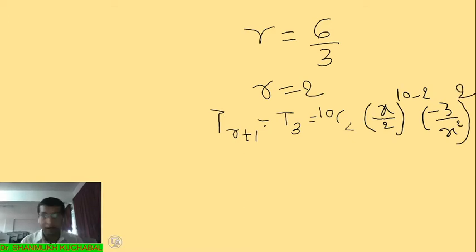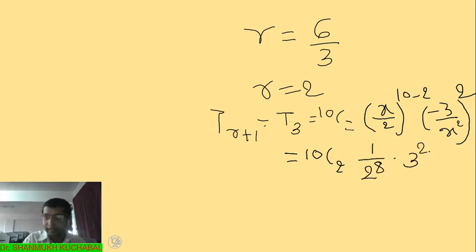Already this formula we have discussed in the beginning here. So if we simplify this, we get 10C2, and here it is 1 by 2 raised to 8, next 3 square, x raised to 4.